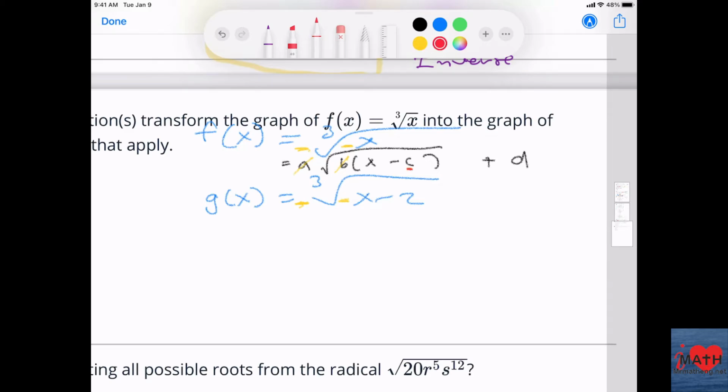Let's do that in red. Of the x inside the radical sign, so that means that c is equal to 2. And then the last one would be anything outside of the radical to the right. There is nothing, so there's no d value. So I have c equals 2, and this means you're going to go towards the right.